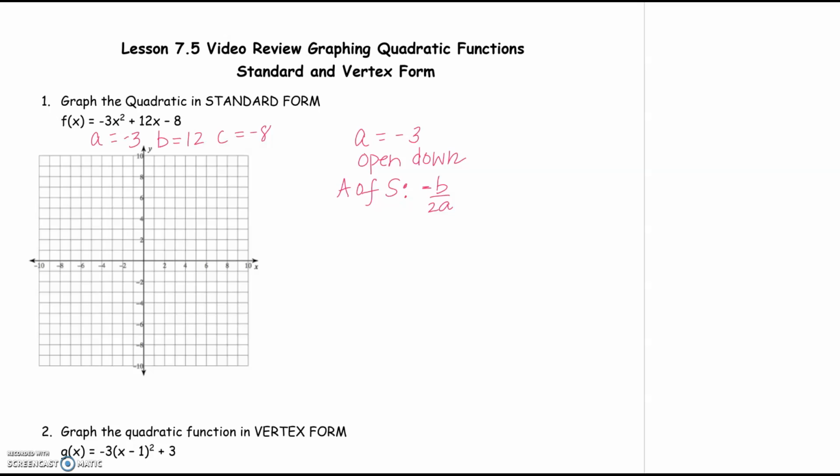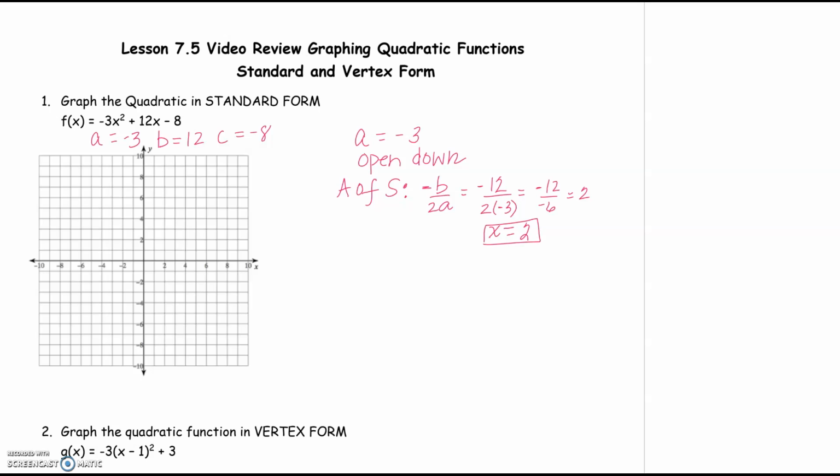So if b is 12, the negative of 12 is negative 12, divided by 2 times a, which is negative 3. So this becomes negative 12 over negative 6, which is positive 2. That's our axis of symmetry. Remember, that's an equation, x equals 2.